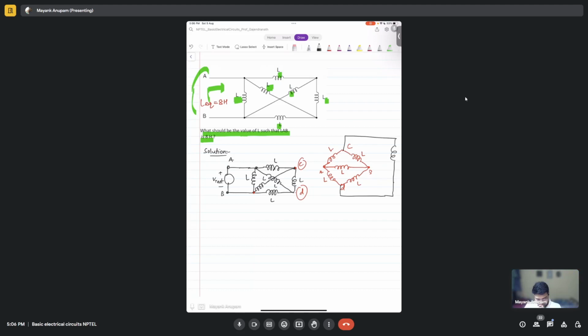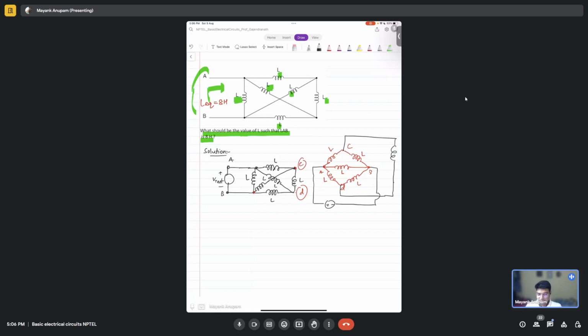Now it's a condition of Wheatstone. How come the voltage source is connected here? Between A and B, right? Yes, sir.